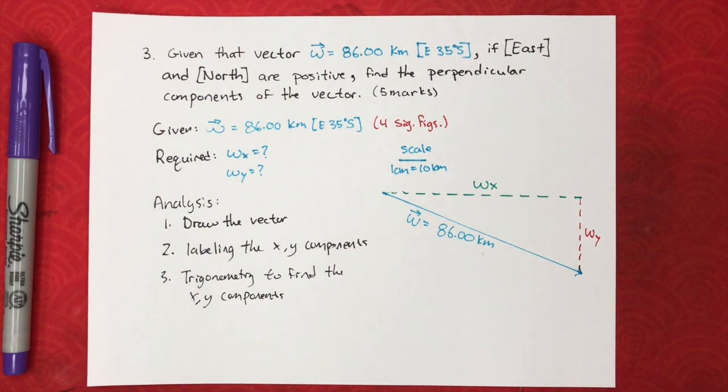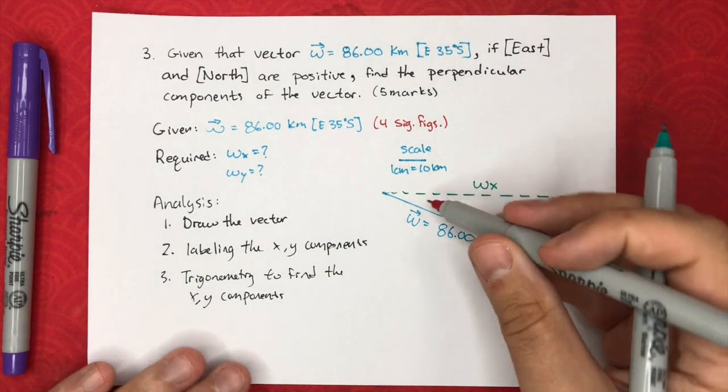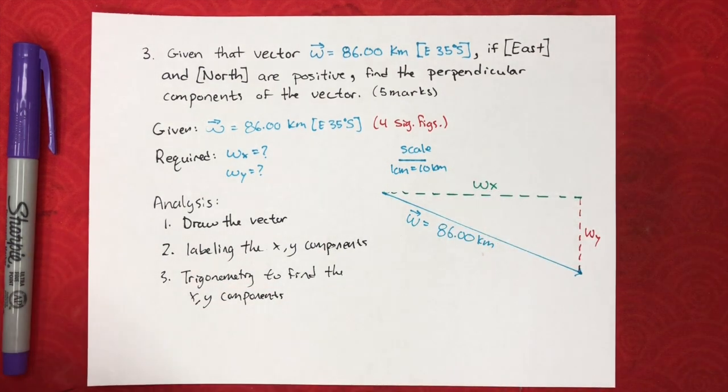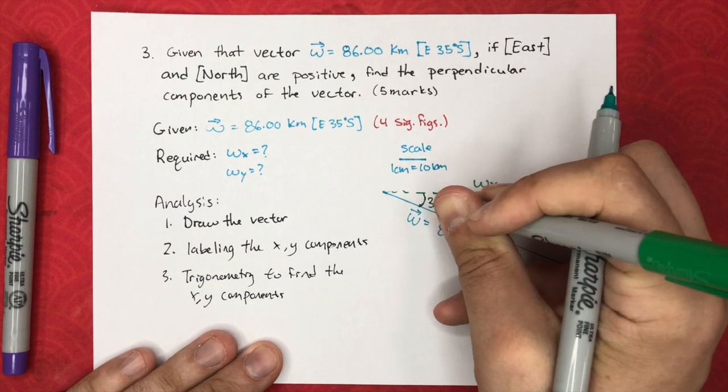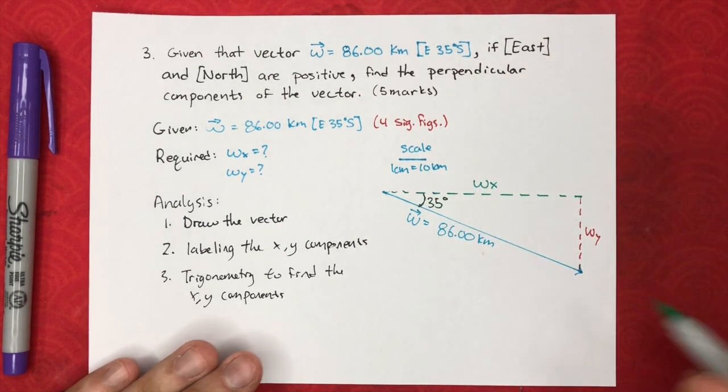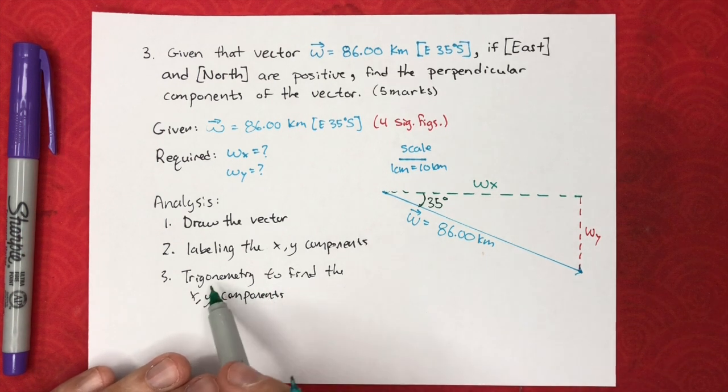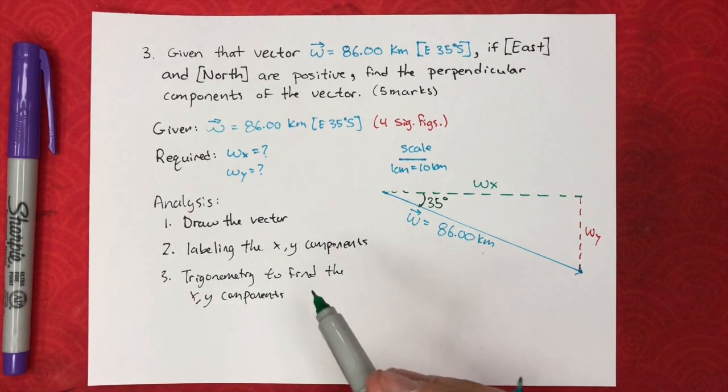Great. The next thing that we need to do is write down whatever this angle is. Well, the angle that we're given is 35 degrees, like so. Now we just need to use trigonometry to find the x and y components.